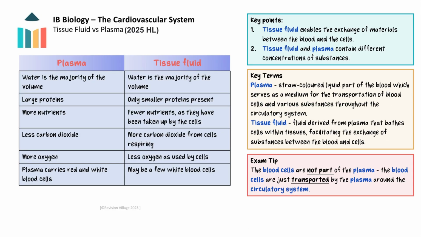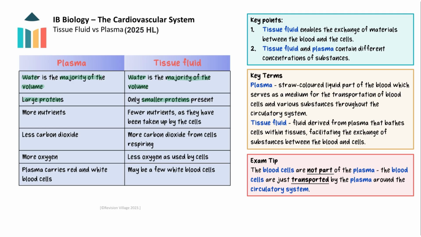You may be asked to compare the components of blood plasma and tissue fluid, so let's finish by looking at these. Water makes up the majority of both plasma and tissue fluid. In the plasma, there are large proteins, including albumins, but in tissue fluid, only smaller proteins that can fit through the capillary walls are present.